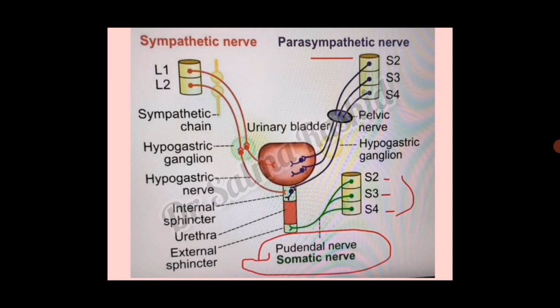Then the parasympathetic nerves, via the pelvic nerve, supply the urinary bladder muscles, and both sympathetic and parasympathetic also supply the internal sphincter, while the external urethral sphincter is supplied by the pudendal nerve, which is a somatic nerve.